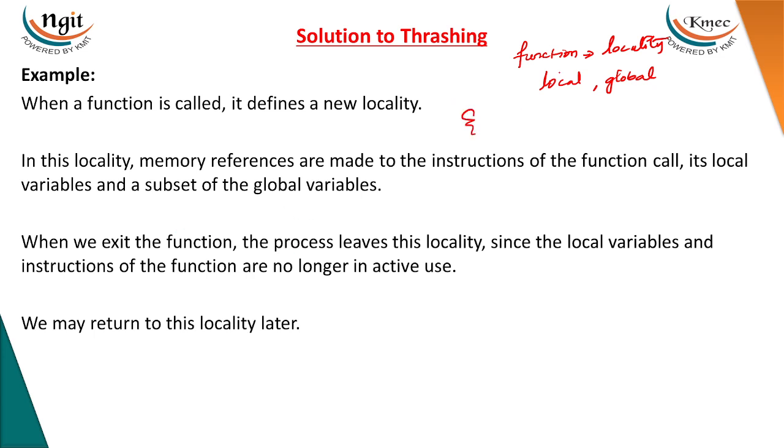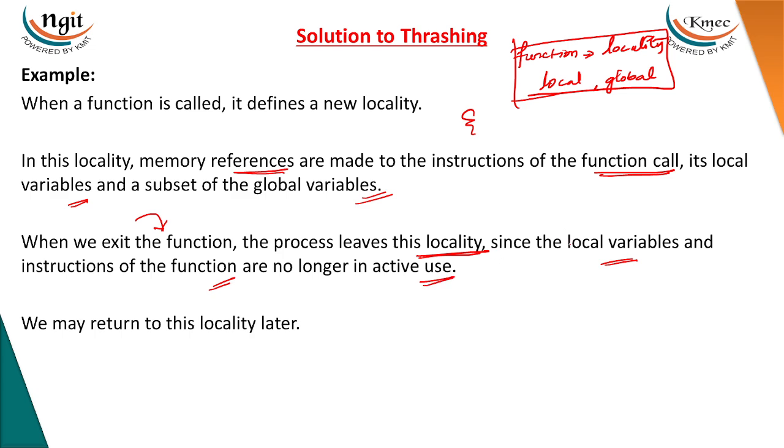While the program is running, the memory references are made to the instructions of the function call, its local variables, and its subset of global variables. When we exit the function, the process leaves this locality, and since the local variables and instructions of the function are no longer in use, because the local variables are present in that function only, outside of the function the variables will not be used.